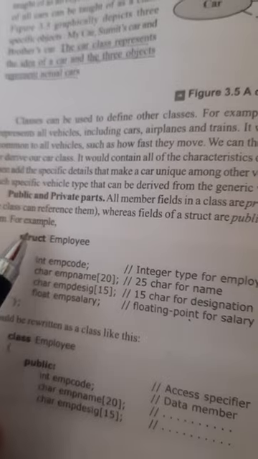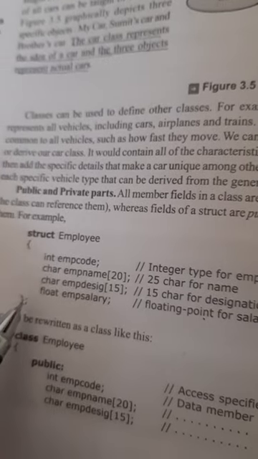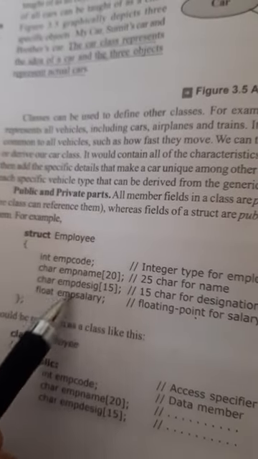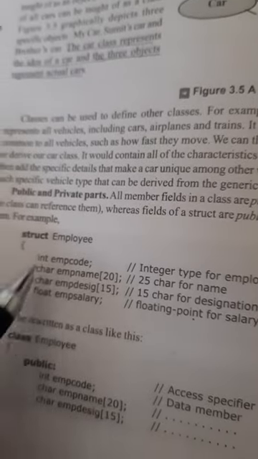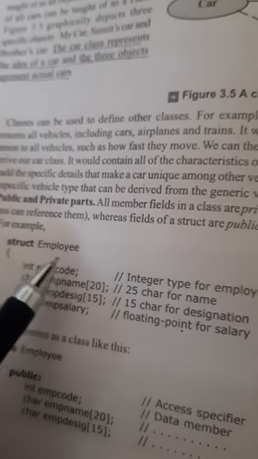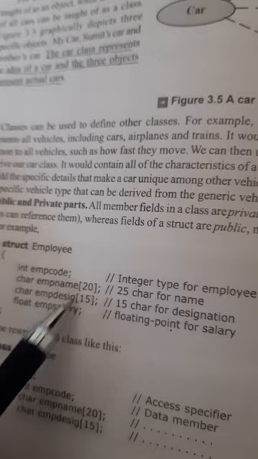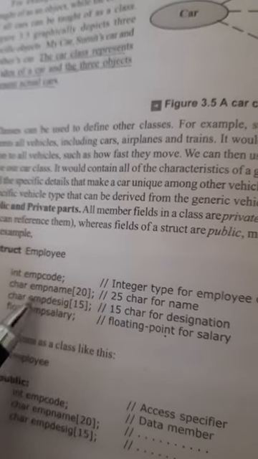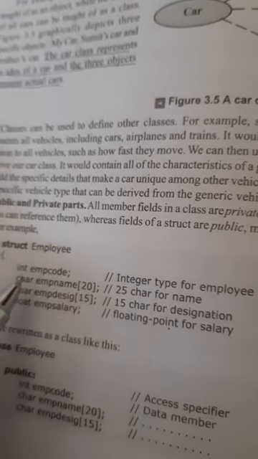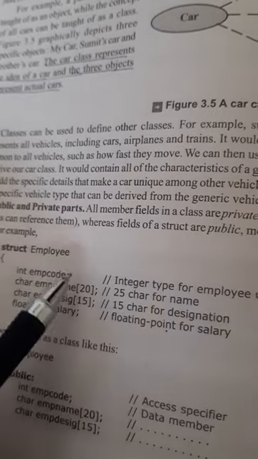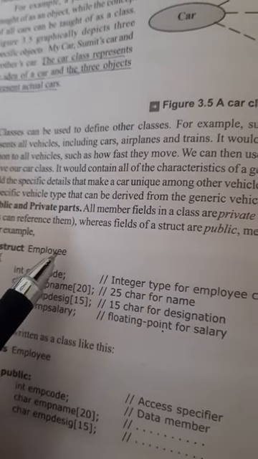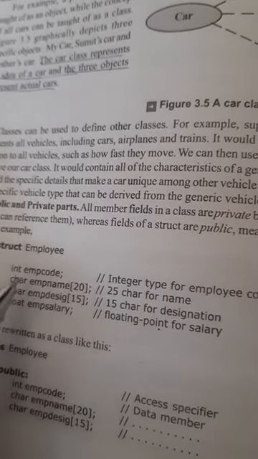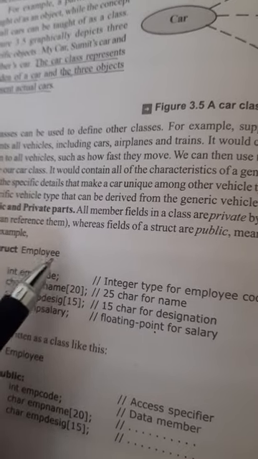Now a structure tag is ended by a semicolon, since this is a variable declaration only. So now these are variables, all of different data types, but all associated by a single structure tag, employee. So they all belong to this structure named employee.